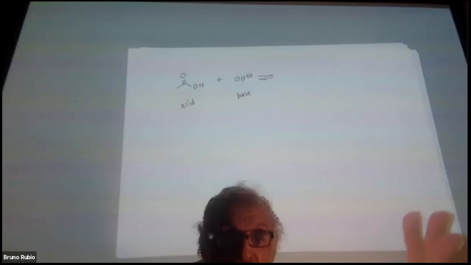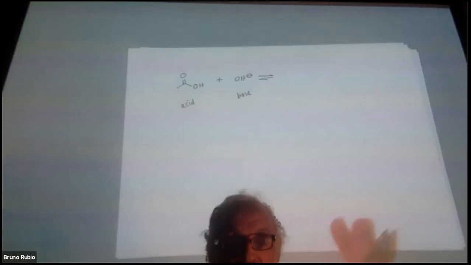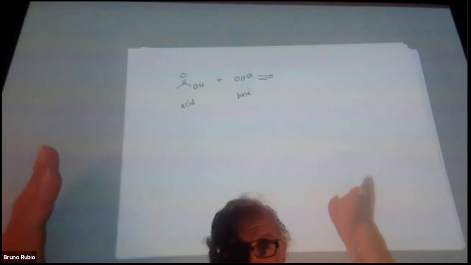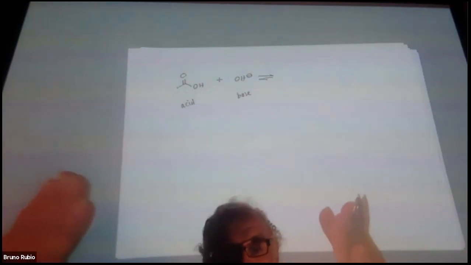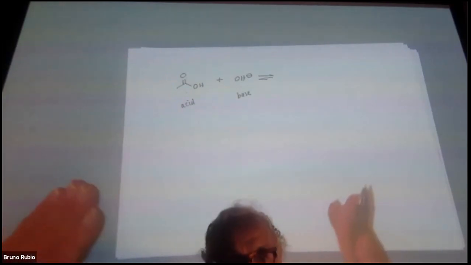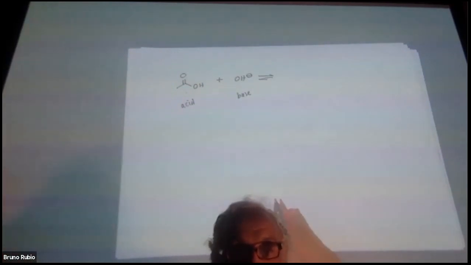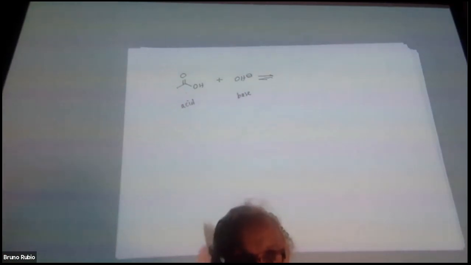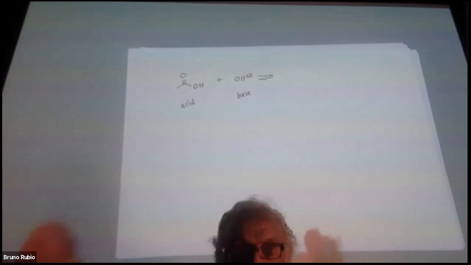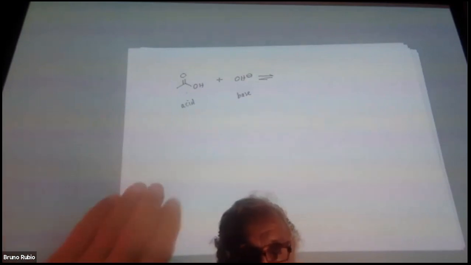Okay, so that's the first step, is we have to identify who the acid is and who the base is in our acid-base reaction. Next, we have to identify which proton of the acid will be removed. And so that's where we're running to that pKa table and going through that process that I just showed about how to find the most acidic proton in the molecule.